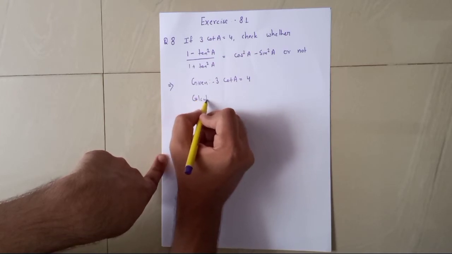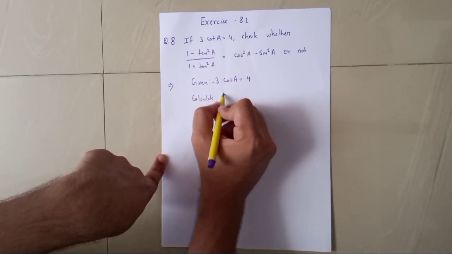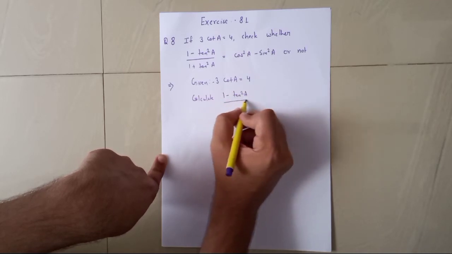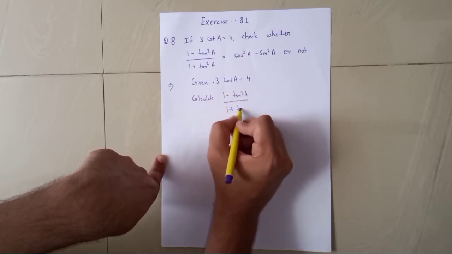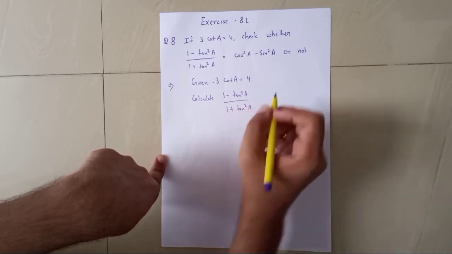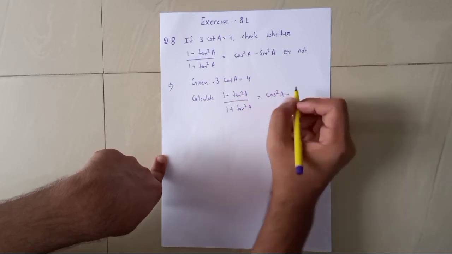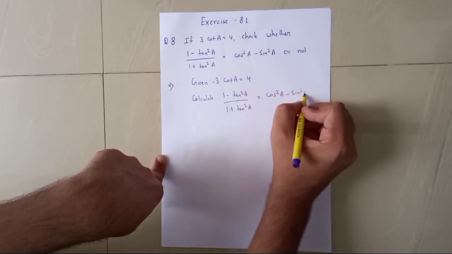Calculate (1 minus tan square a) upon (1 plus tan square a) equals to cos square a minus sin square a.